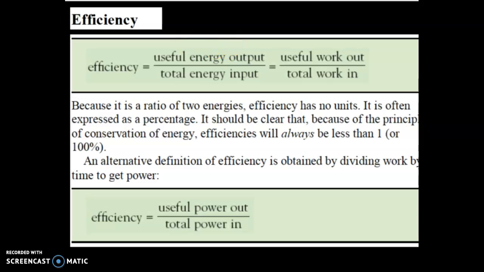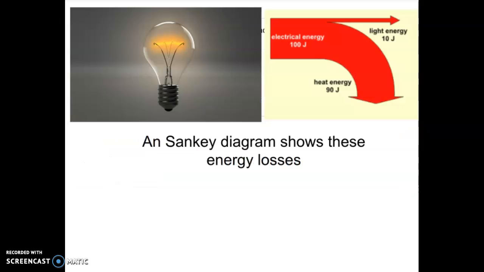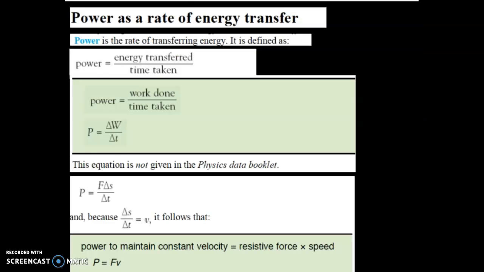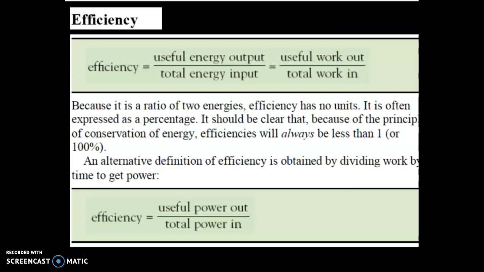So if we go back to our original Sankey diagrams, the efficiency of this light bulb would be 10, the useful energy, divided by 100, which is the original energy, to give us 0.1, which we then multiply times 100 to give us a percentage. And that's how we would work out efficiency as a percentage, right? The ratio of the energies times 100.